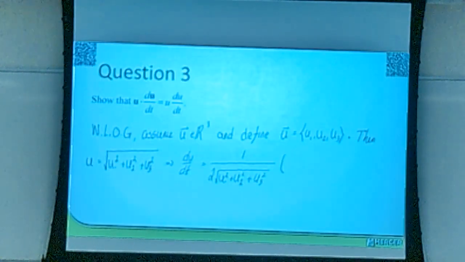What'd you forget? Isn't u1 a function of t? Yeah. So you forgot the chain rule? Oh, no.